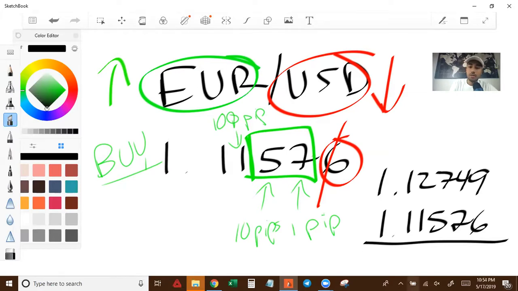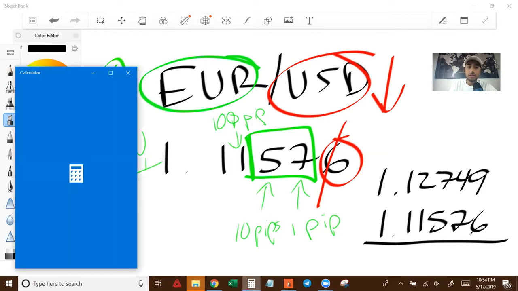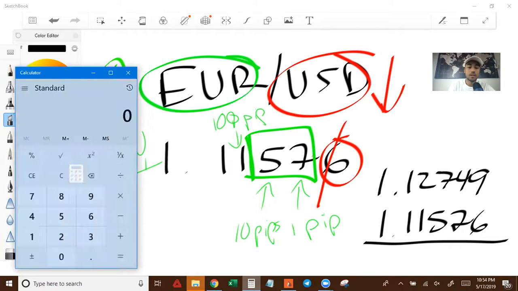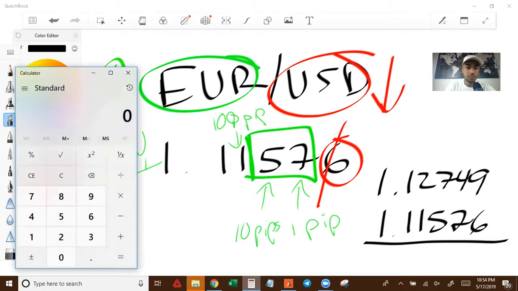The difference between these two, I guess we'll go ahead and pull out a calculator. That'll be easy. The difference would just be 1.12749 minus 1.11576.